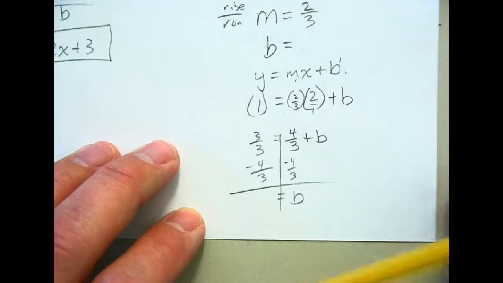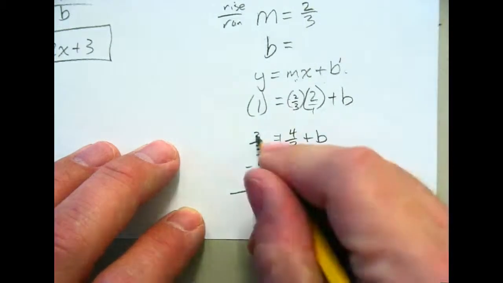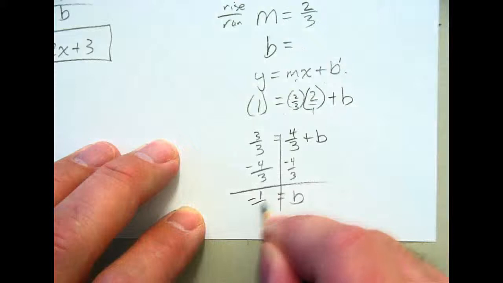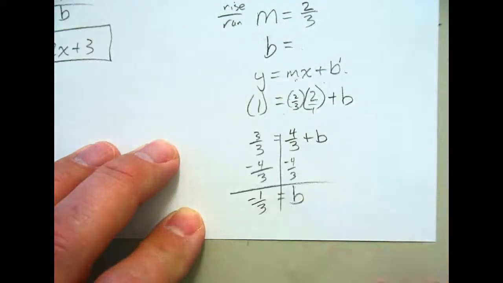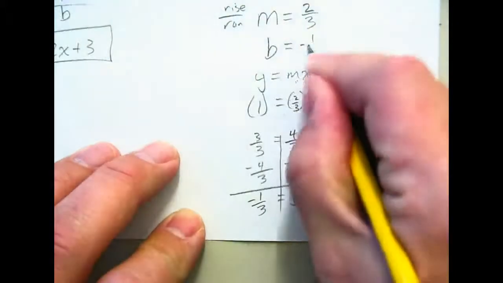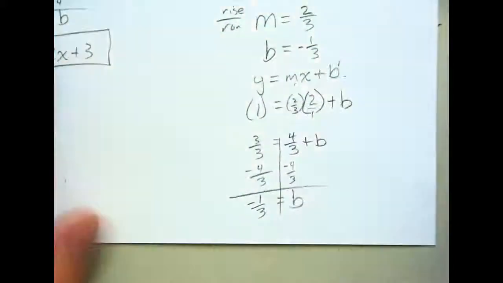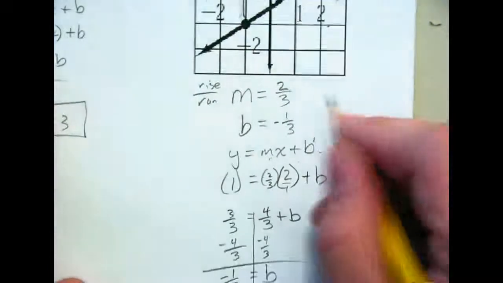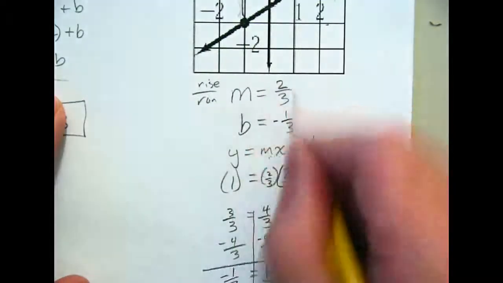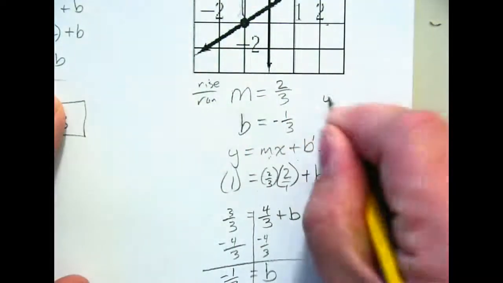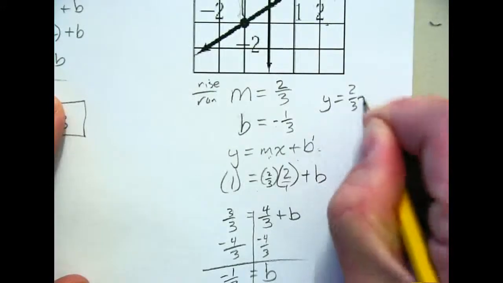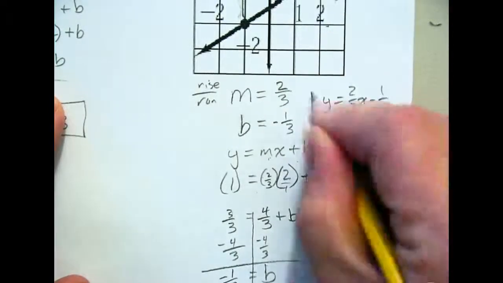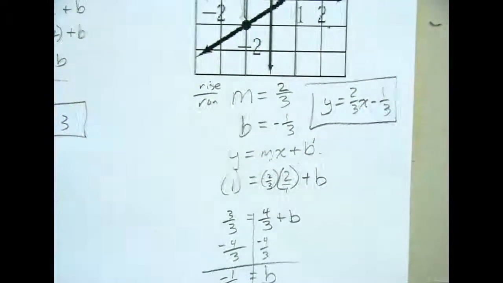Anyone? Yeah, 3 minus 4 is -1/3. b is -1/3. Okay? Hey, we would have been right if we guessed, but definitely want to do the math. So our slope here is 2/3, y-intercept's -1/3, so y equals 2/3 x minus 1/3. Leave it in fraction form though.